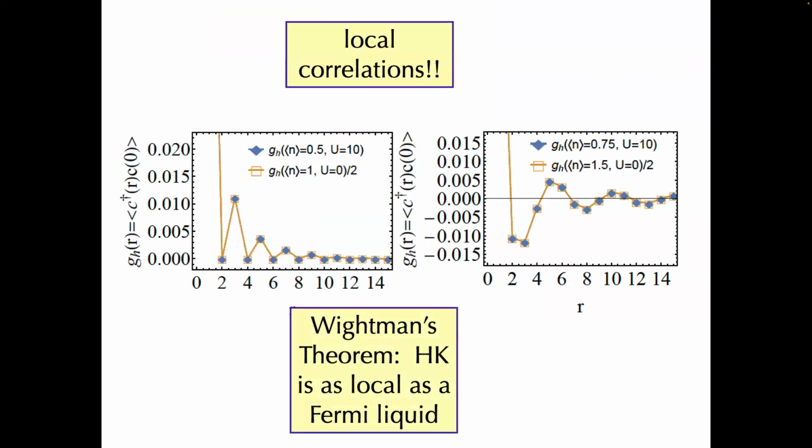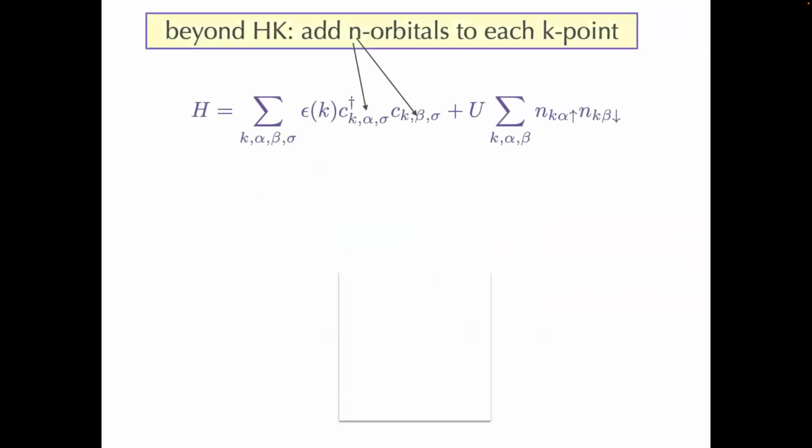Okay, so how do we extend the model? But no, it's fairly obvious. We need to start adding in local dynamics. So at every K point, what you have to do, yes?